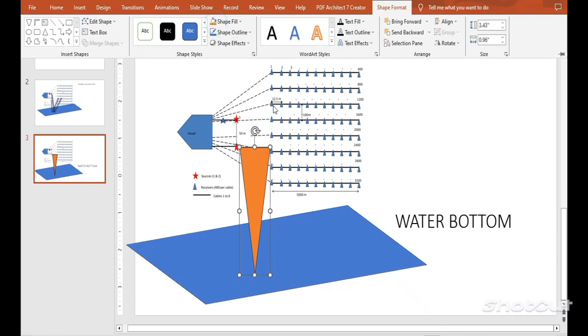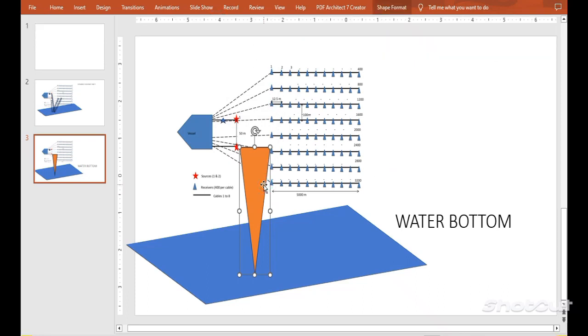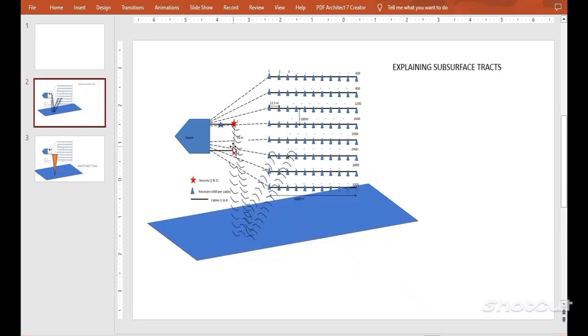Which means that when you shoot from this position, the wavefront, as already explained here, travels in different directions. We are looking at a particular wavefront. It comes from the shot, and then is reflected and recorded by the receiver.